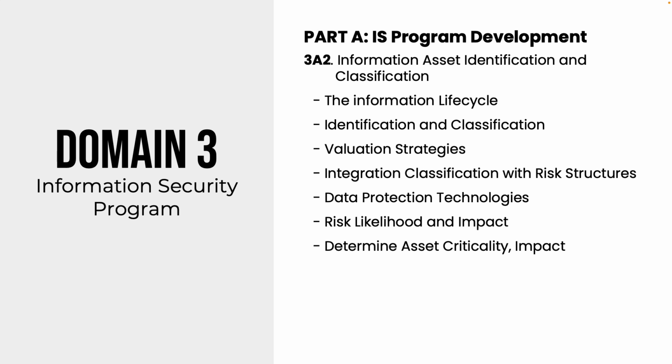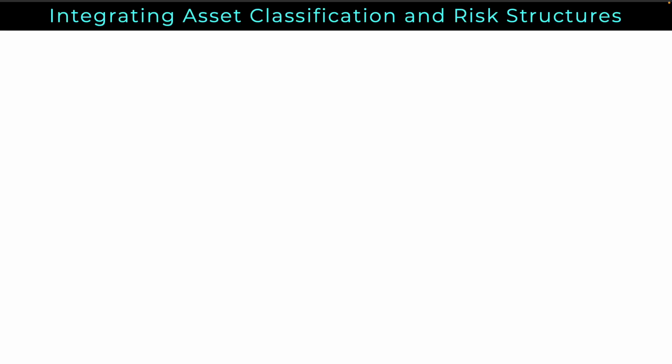We'll look at integrating classification with risk. And we're going to then cover some foundational technologies around data protection. Some of that technical knowledge you need to bring with you into the exam that you won't be tested on directly. And we'll talk a bit about risk, likelihood, and impact in the context of information assets.